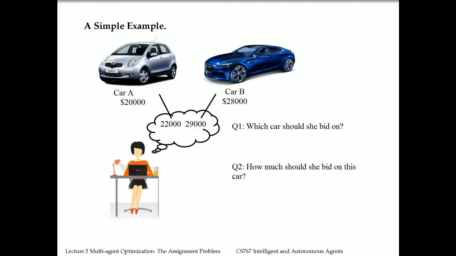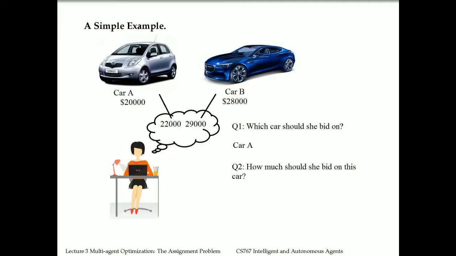So for car A, if she gets it, she'll get a reward of $22,000, a sort of satisfaction score, right? And compared with 20,000, this is higher than the 20,000, right? And out of car B, the agent will get $29,000 as a reward.